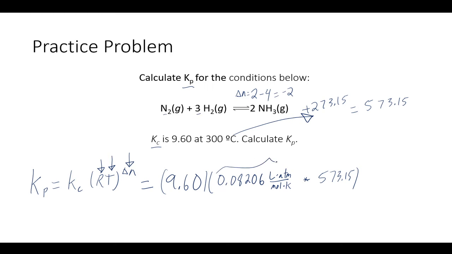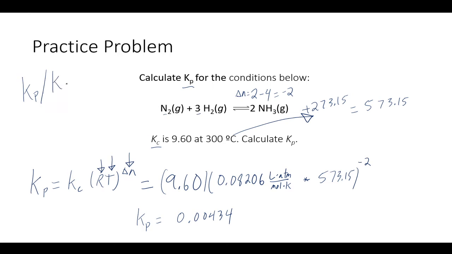And so all of this, in parentheses, gets raised to -2. Now you mash a bunch of buttons on your calculator, and you get a Kp value of 0.00434.